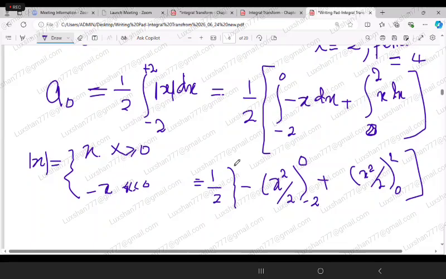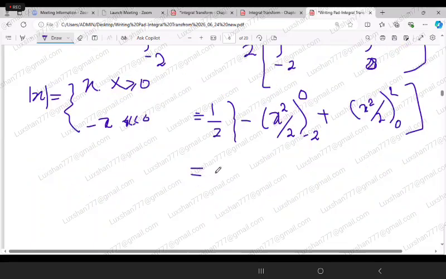Remember, there is half out. So that is equal to half times. If you put 0, it is 0. If you put minus 2, then that is plus 4, then that becomes plus 2. Here, if you put x equal 2, then 4 becomes 2.